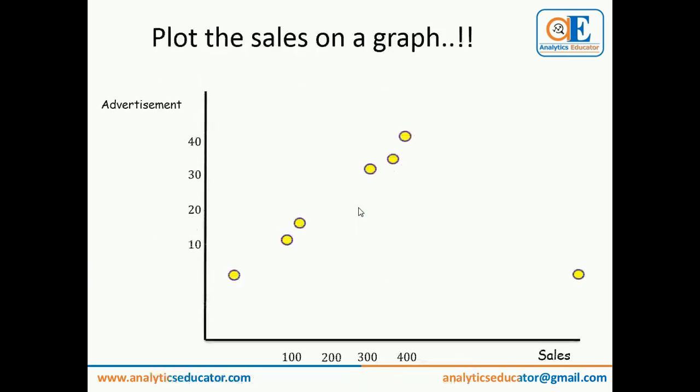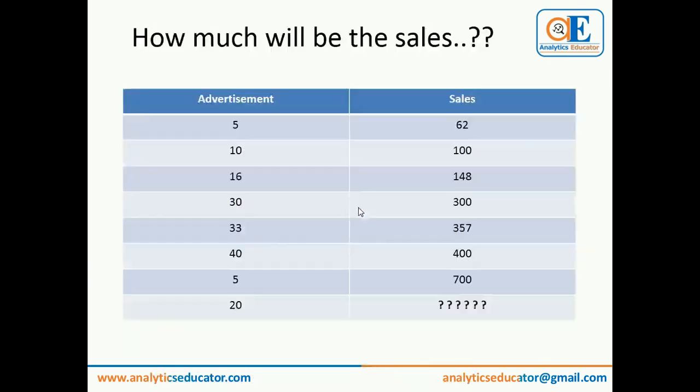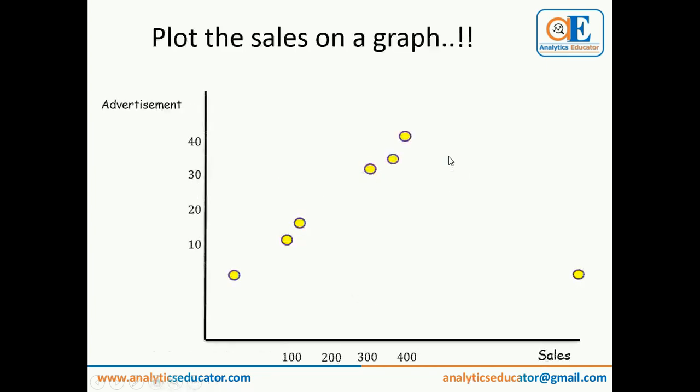What it's going to do is plot all the data points on a piece of graph. Just these data points: 5 rupees advertisement, 62 sales, 10 for 100. So we are just going to plot them on a graph. These are all the data points. Now our intention is to draw a trend line or a pattern which is going to pass through all the data points, just like the missing value example.